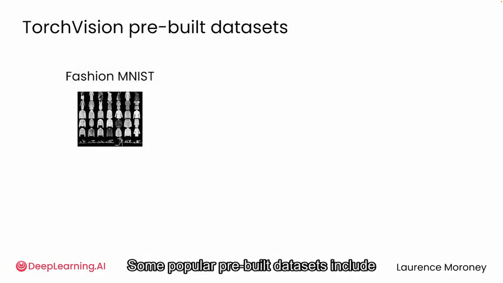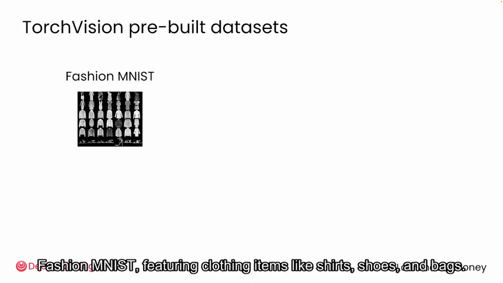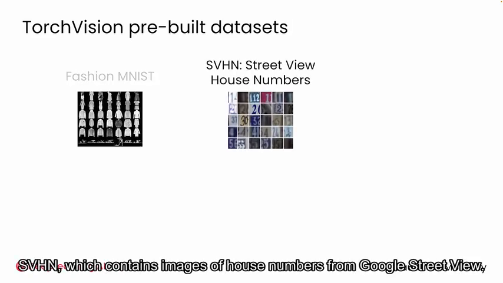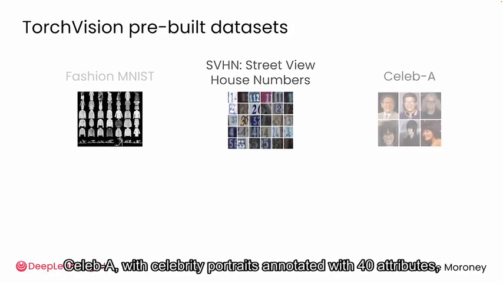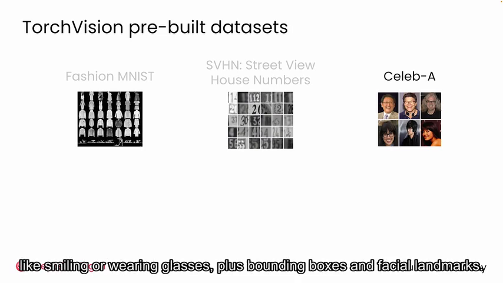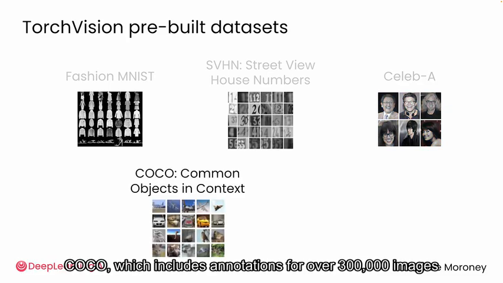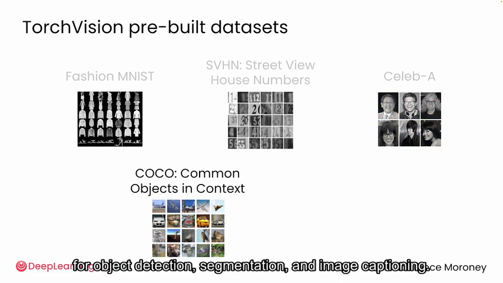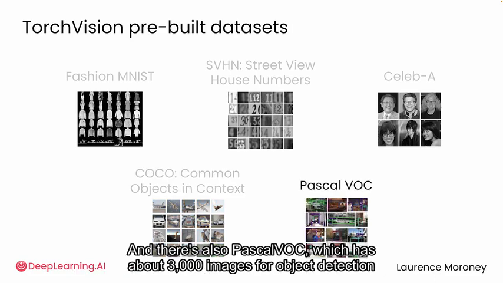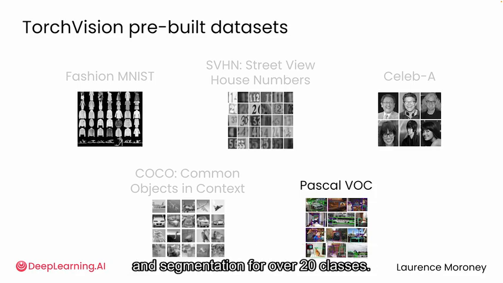Some popular pre-built datasets include FashionMNIST, featuring clothing items like shirts, shoes, and bags, SVHN, which contains images of house numbers from Google Street View, CelebA, with celebrity portraits annotated with 40 attributes, like smiling or wearing glasses, plus bounding boxes and facial landmarks. COCO, which includes annotations for over 300,000 images for object detection, segmentation, and image captioning. And there's also Pascal VOC, which has about 3,000 images for object detection and segmentation for over 20 classes.